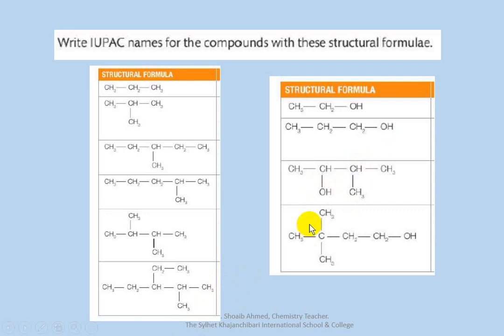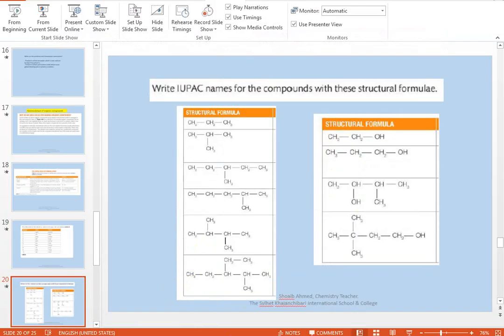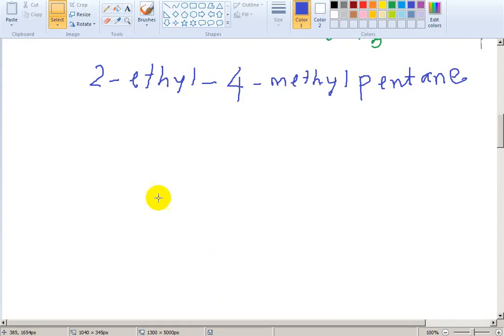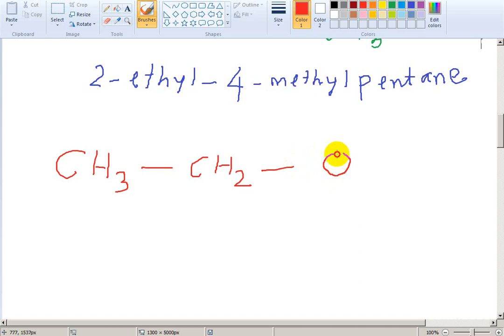So what will be the naming? I write this compound name, these two compounds. What will be the name? CH3. Okay, I'll give numbering from the functional group.